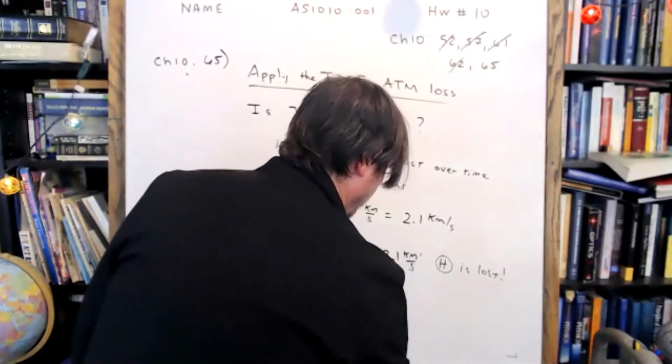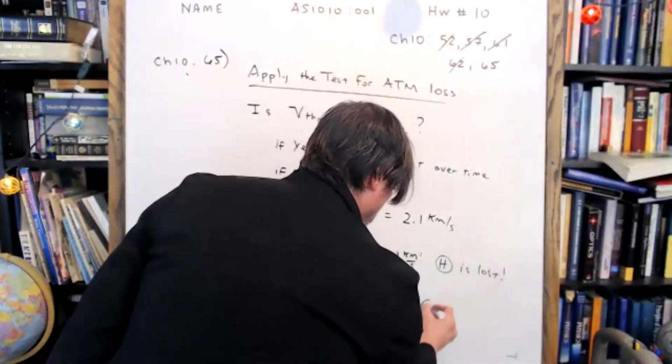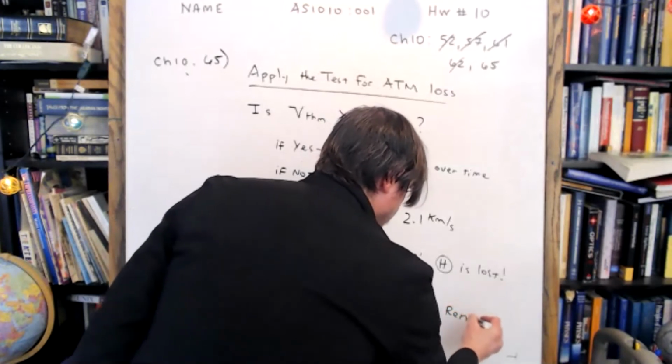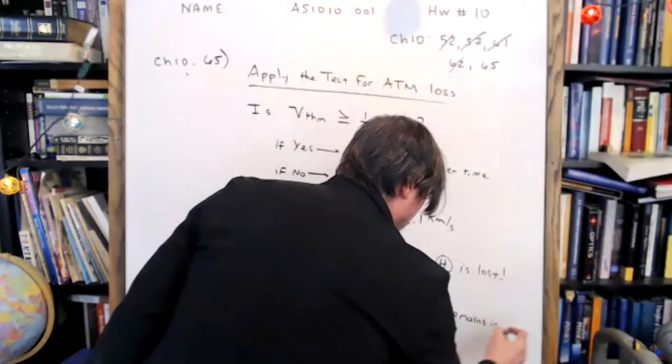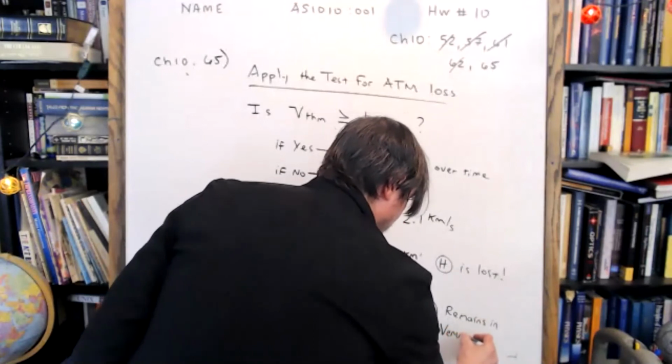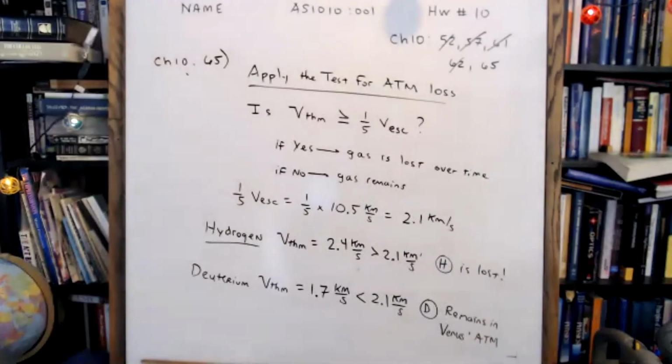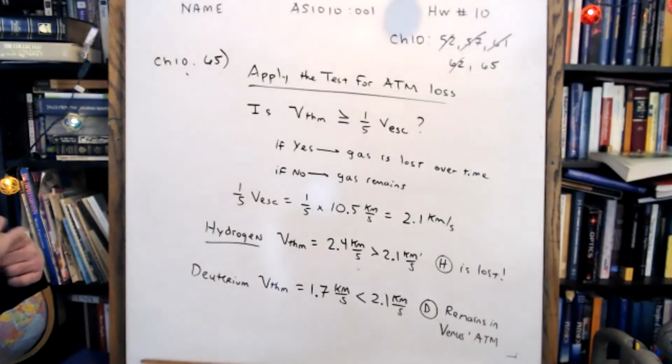So obviously the deuterium remains in Venus's atmosphere. Okay.